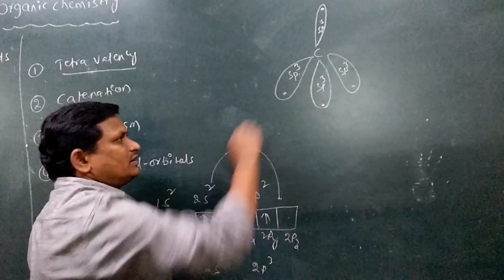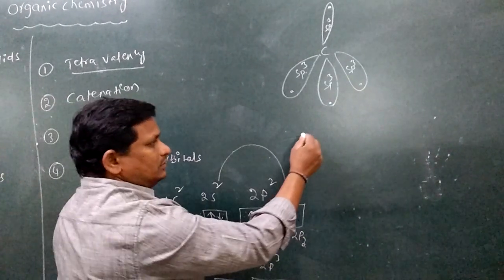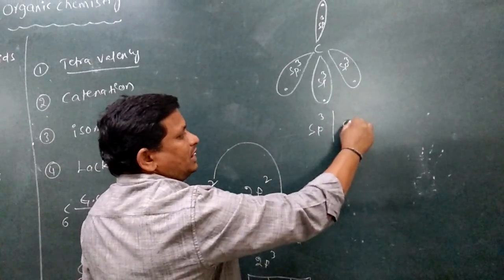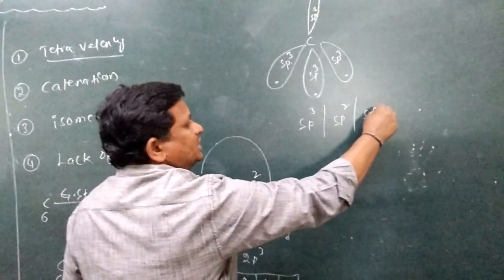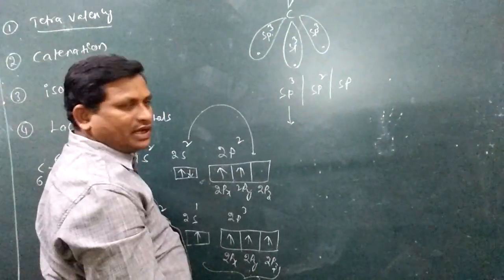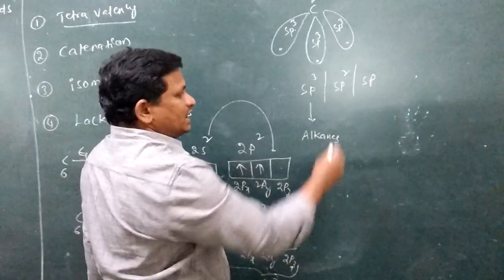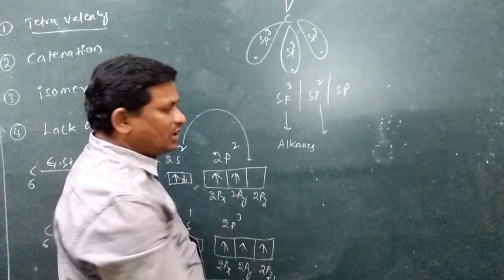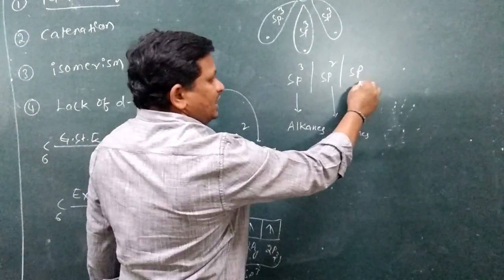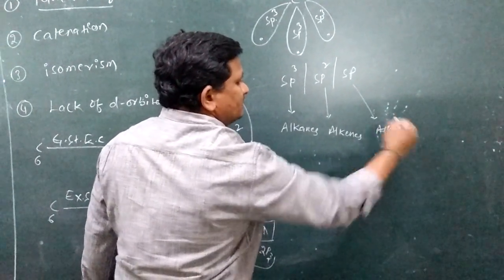These 4 unpaired electrons are involved in different hybridizations. Generally, carbon is involved in sp3, sp2, and sp hybridization. sp3 hybridization is present in the hydrocarbons called alkanes. sp2 hybridization is present in alkenes. sp hybridization is present in alkynes.